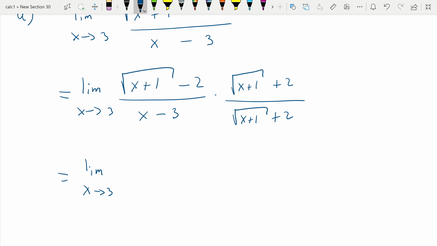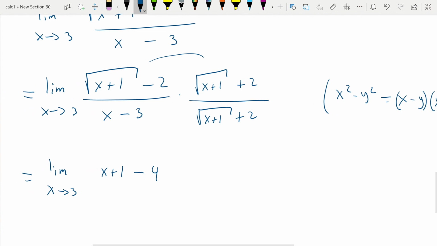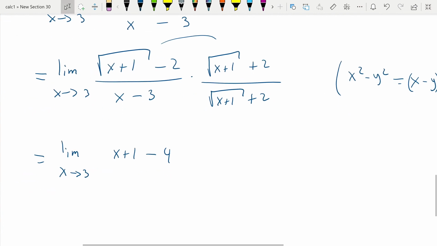So if we multiply the top, so this by that, we get, well, you know that we're following the same thing as always, so we get just what's inside minus 4. This is just simply due to the well-known formula that x squared minus y squared is just x minus y times x plus y. And this is the idea behind multiplying by the conjugate.